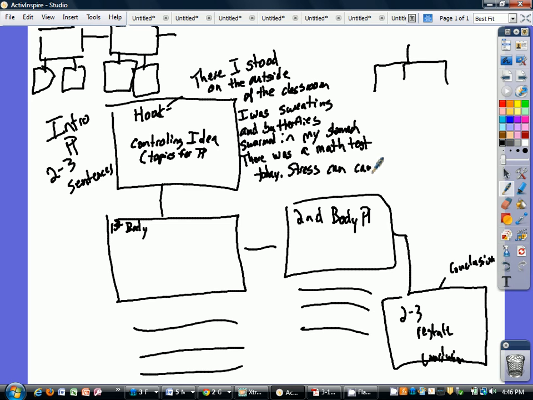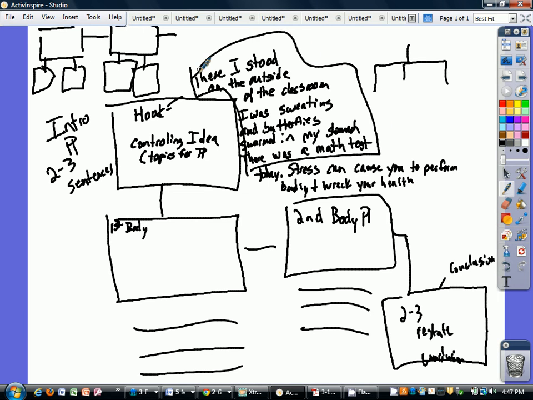Stress can cause you to perform badly and wreck your health. Here's my hook. This one's a bit long. I would probably edit that down some. Standing outside the classroom, sweating and butterflies swarming in my stomach, I panicked as I realized there was a math test today. Stress can cause you to perform badly and wreck your health.